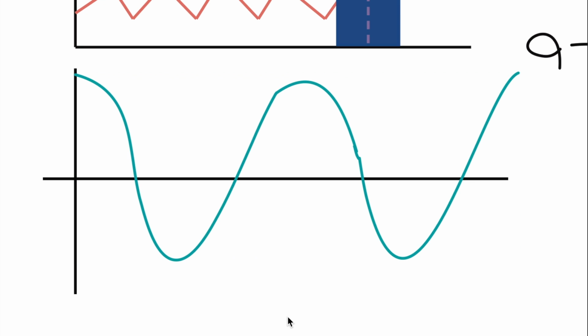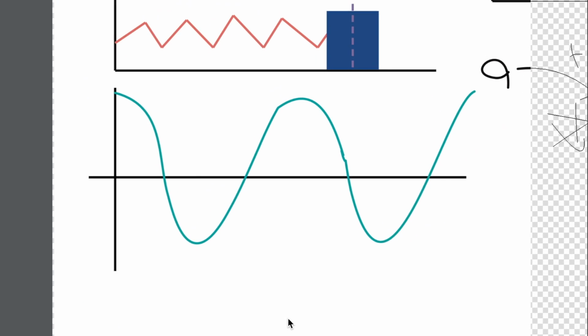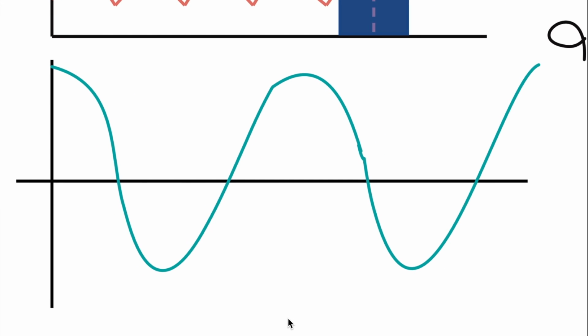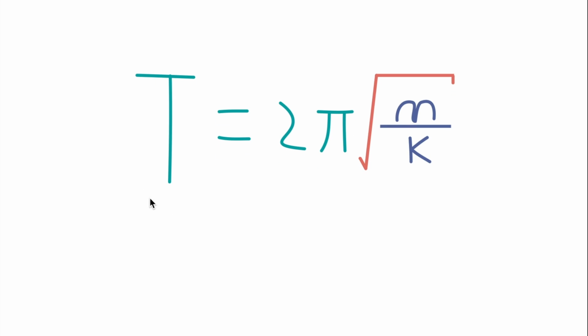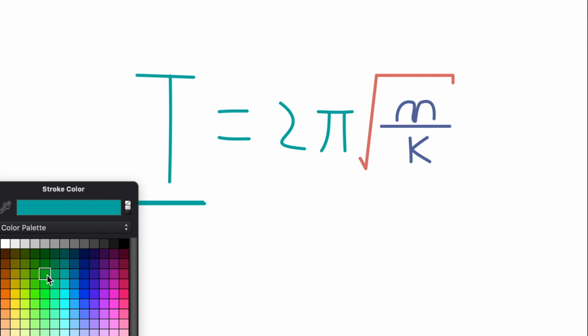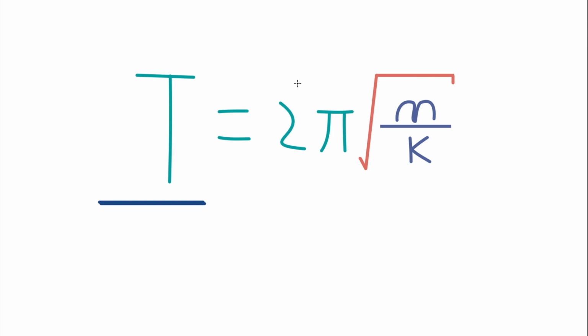Okay, anyway, so what is dependent on the period? Well, I'll just give you the formula for it. The period here is equal to 2 pi, which is just a constant that's being multiplied, times the square root of m over k.